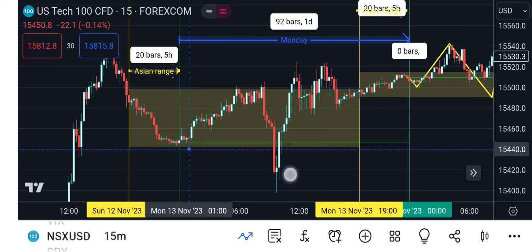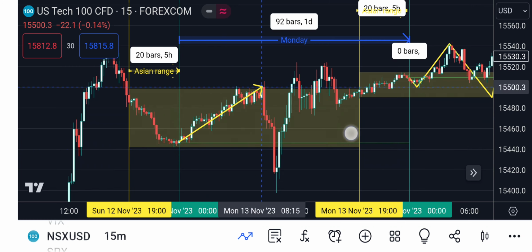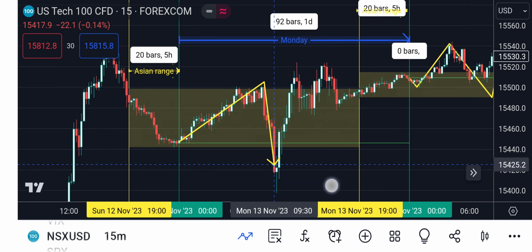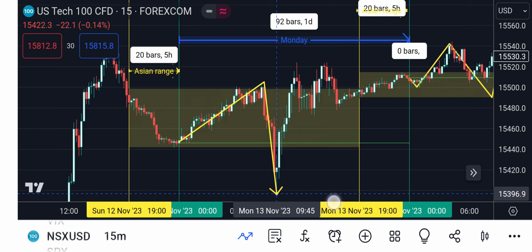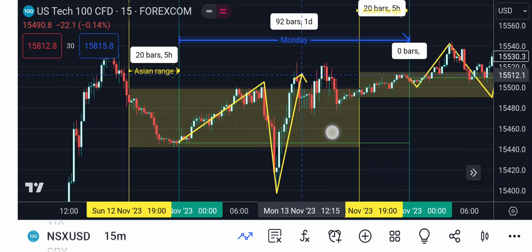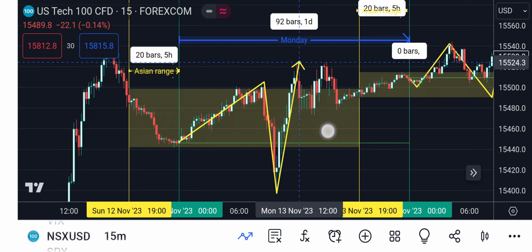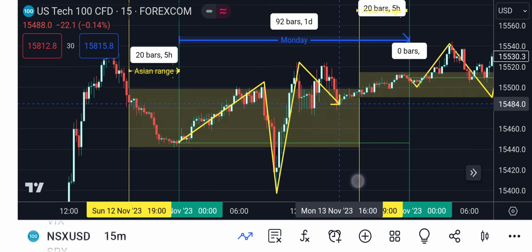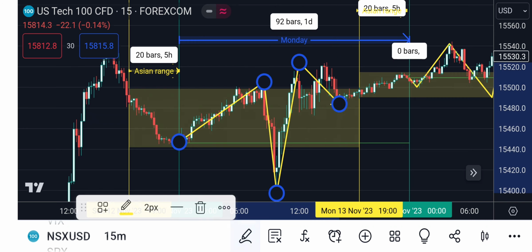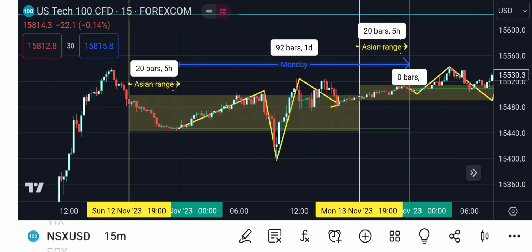It started here, right? Broke above. I'm gonna take the highest high, not all the highs, the one before the market reverses. A low, high, and then consolidation.